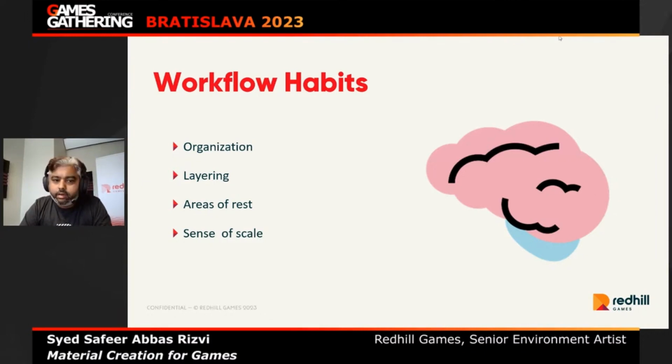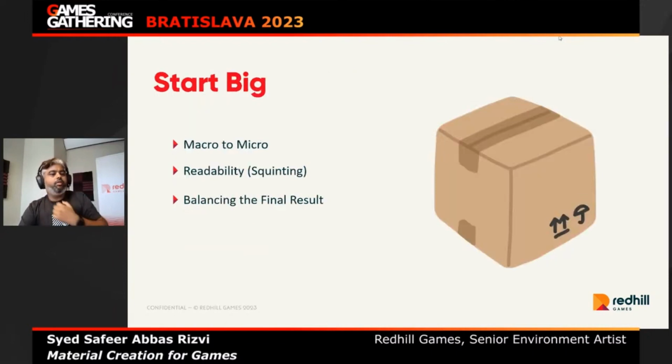Especially with micro details: if they are a little bit bigger in size, they look bad if they are not properly scaled to a human. This is really important, and a good practice to follow.